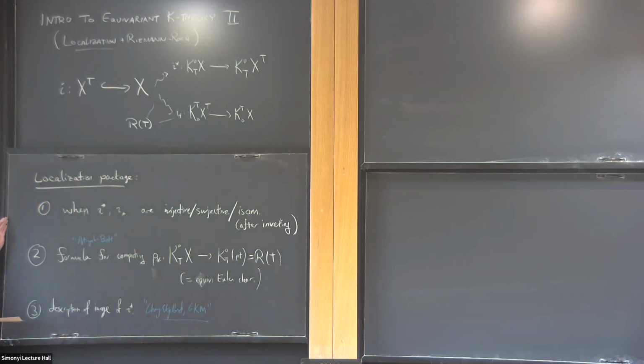And the one thing I want to just point out is that these are at least in principle distinct components of the package. So you can have a condition where you're able to describe the image, but the map is not injective, and so on. So different hypotheses go into each part of this.